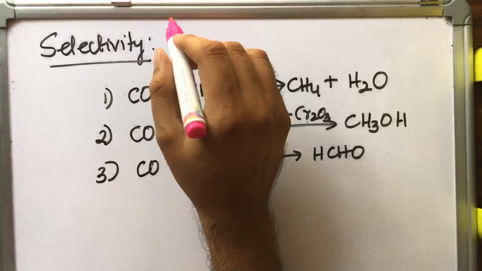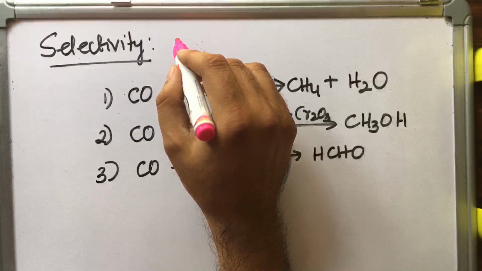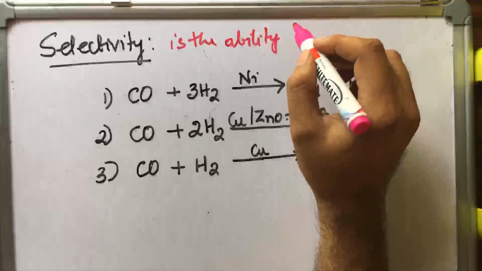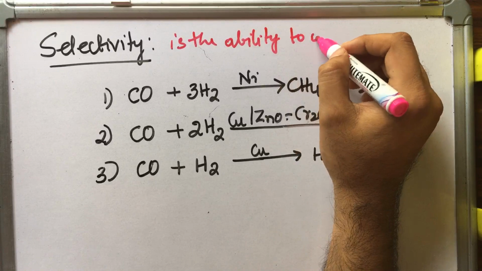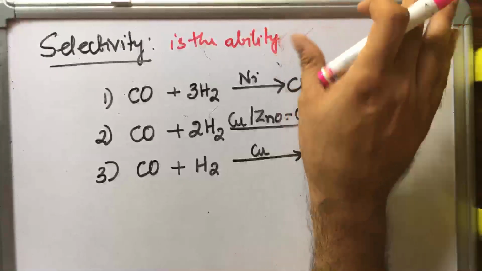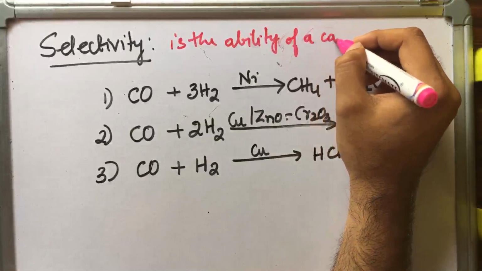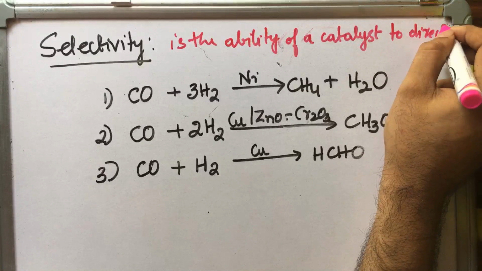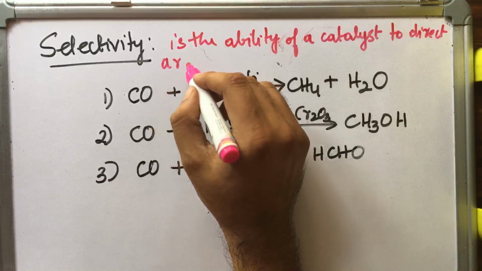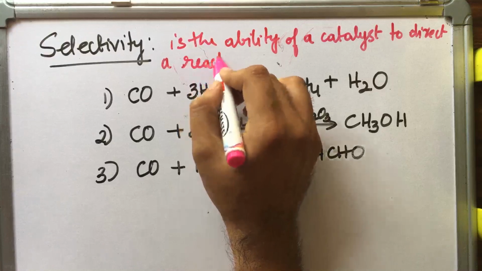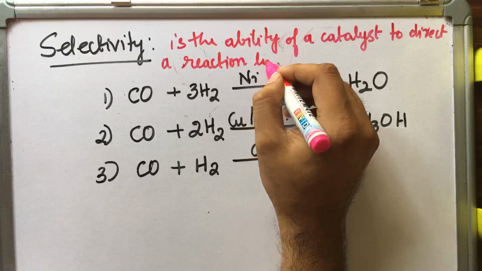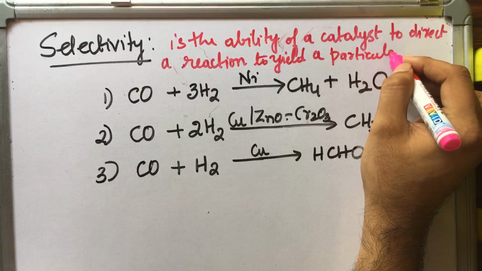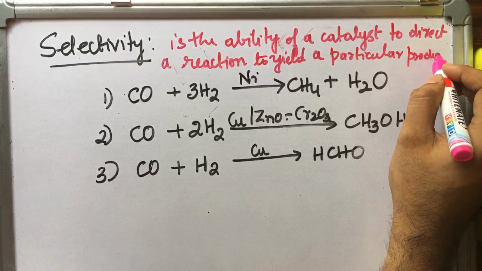The selectivity of a catalyst is the ability of a catalyst to direct a reaction to yield a particular product.